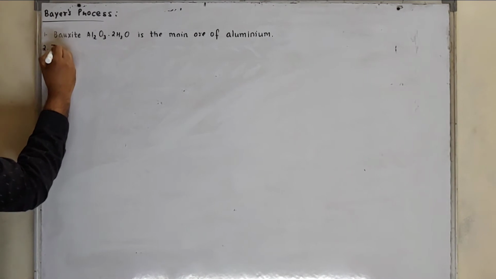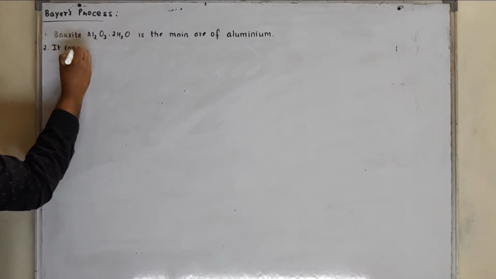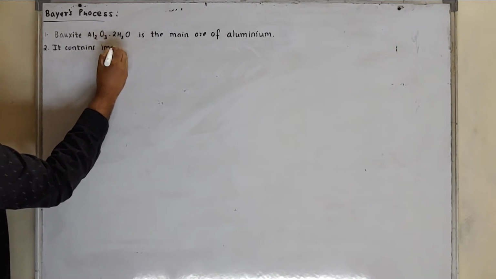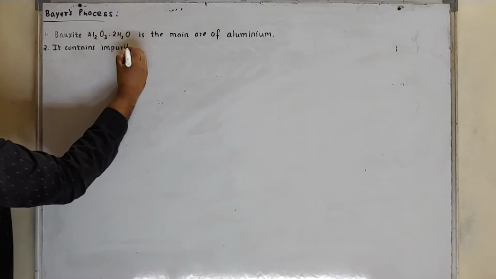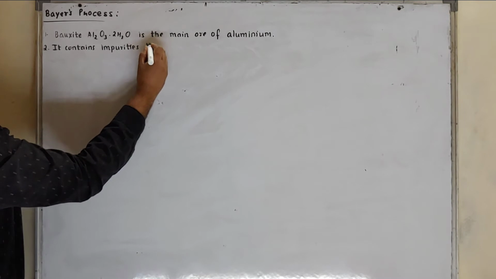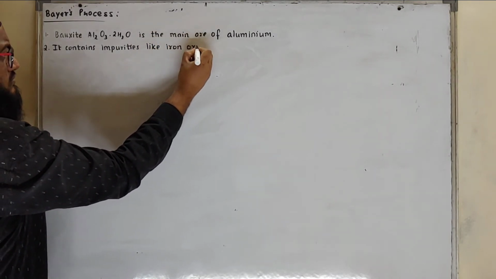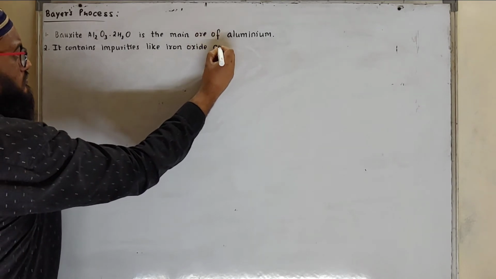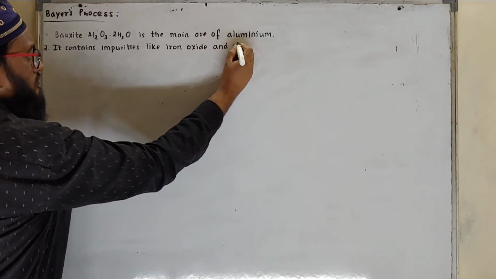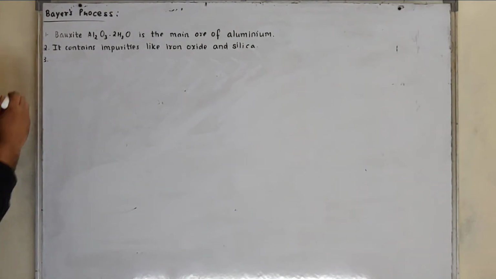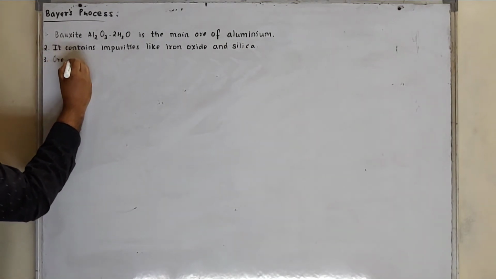Second point, it contains impurities like iron oxide and silica. Then we can say the ore is powdered and crushed.